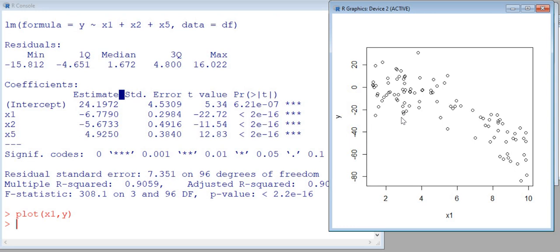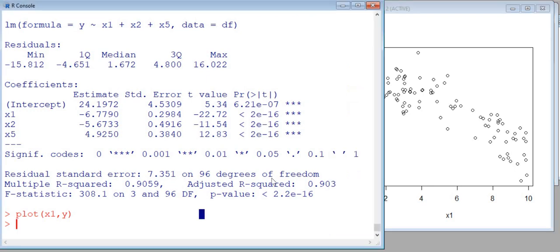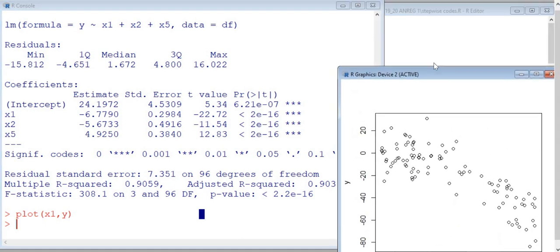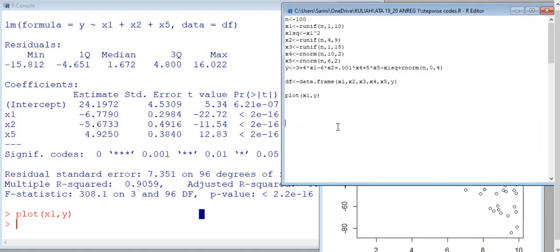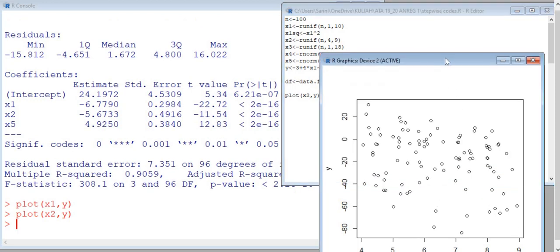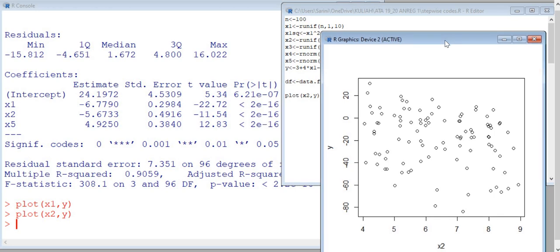Okay, so based on this, I think x1 should be in a quadratic form, and then if I plot x2 with y, it's something like this, probably negative, but not really. The points are really scattered, but I think I would just propose a linear function of x2.